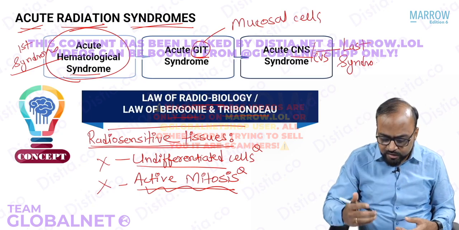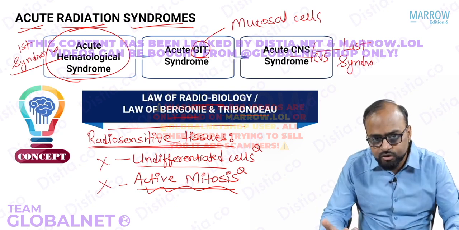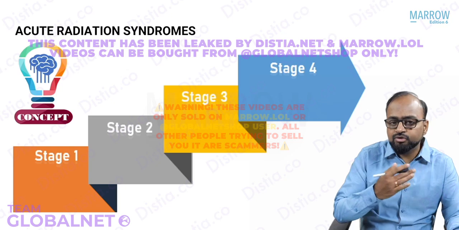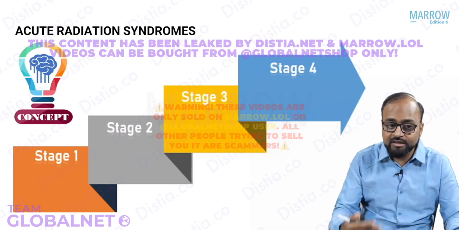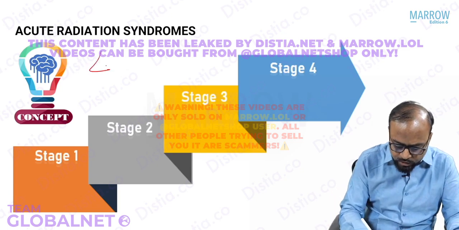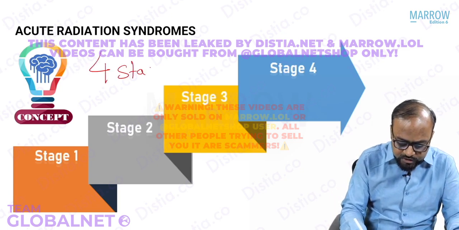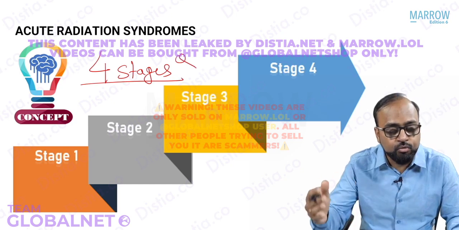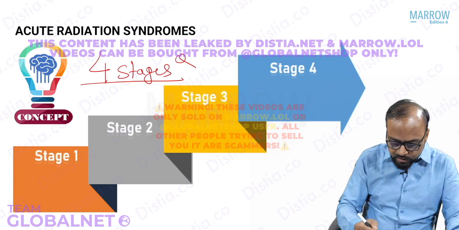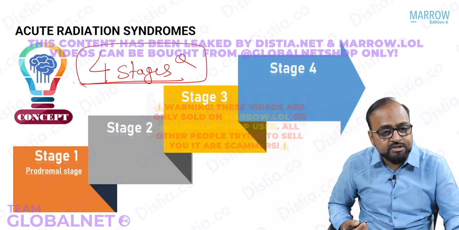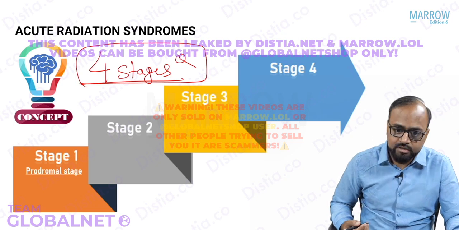Now let us try and learn a few things about these radiation syndromes, because this was also a recently asked question. See, they actually manifest themselves clinically in 4 stages. So how many stages total? There are 4 stages. This was part of the question that was asked: all of the following are true about radiation syndromes except. The first stage is called the prodromal stage.